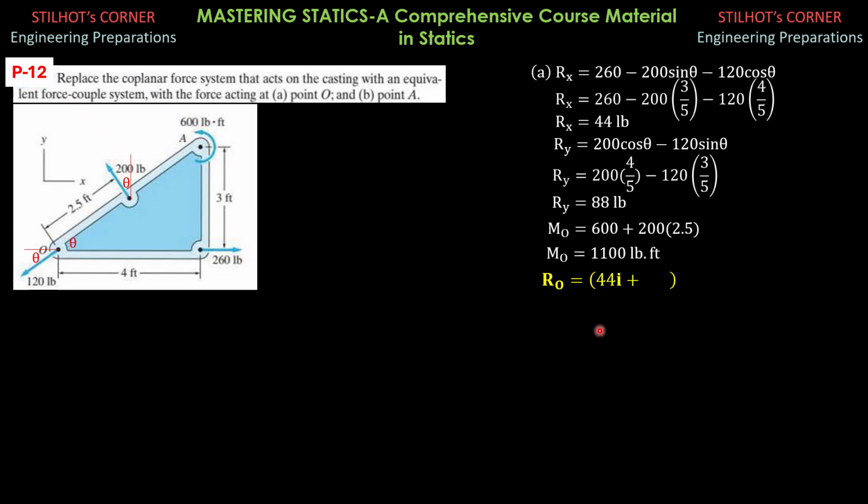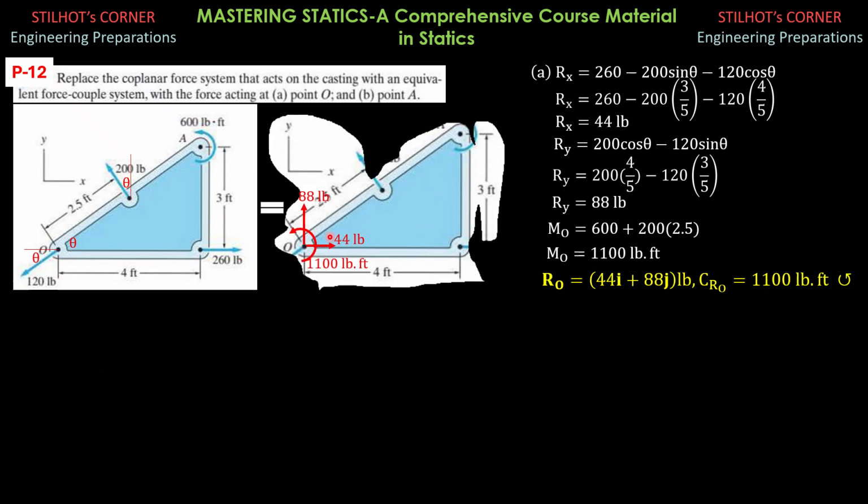Then for RO, that's the force, 44i plus 88j, and the couple C sub RO is 1,100 pound-foot, counterclockwise. That's the resultant couple, which is MO here. So this system is equivalent to the force applied at the lower end.